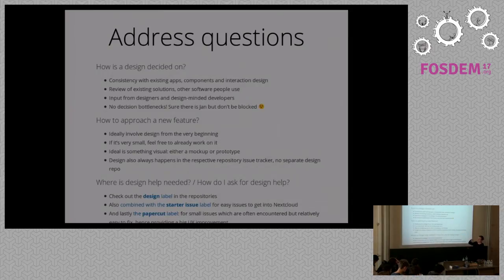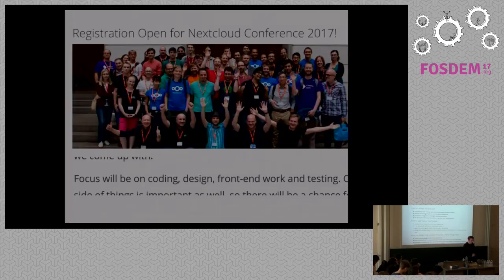For example, how is the design decided on, how to approach a new feature, and where is design help needed, or how do I ask for it as an app developer. So if it's discussed in this way at a developer meeting or developer designer contributor meeting, then it's good to notice where you lack things and how to improve things.